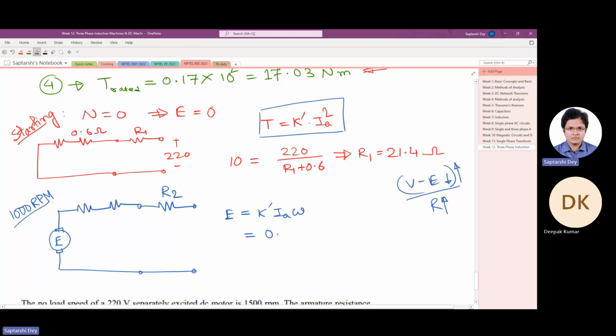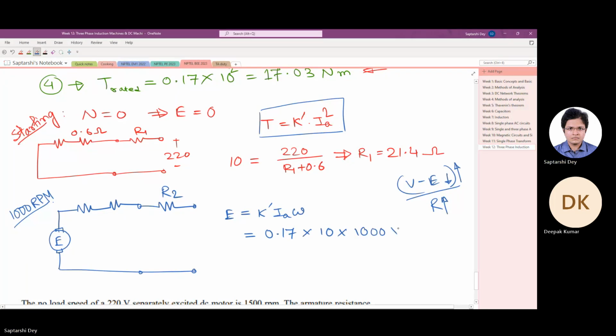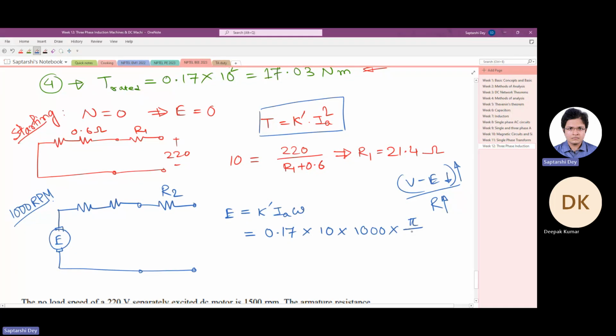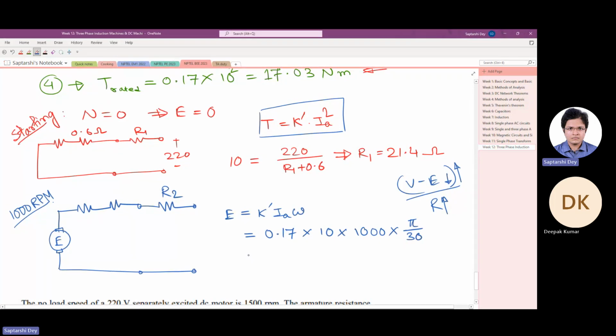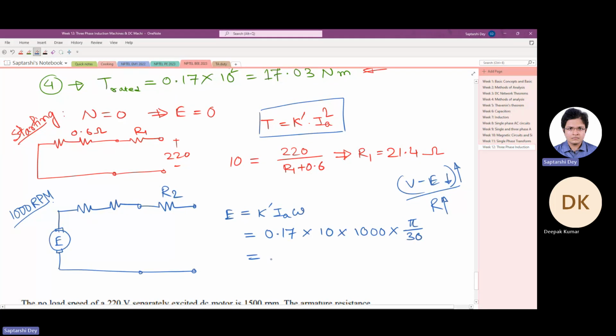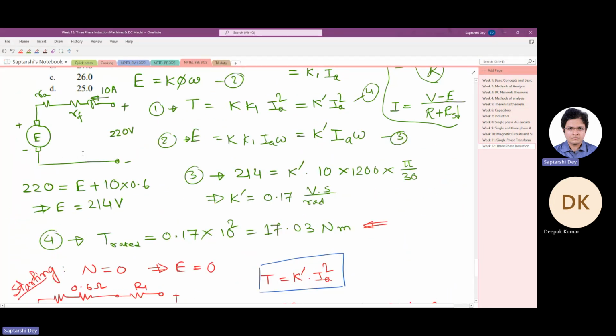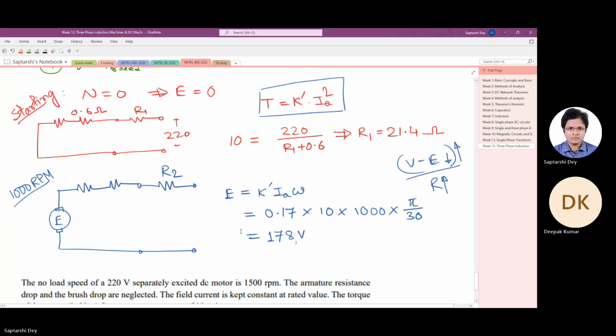So K prime is 0.17, Ia is 10, omega, we are doing everything in SI. So omega is 1000 times pi by 30, which gives you a voltage value of 178 volts. So you see, at 1200 rpm, the back EMF was 214 volt. Now, in order to get the rated torque at 1000 rpm, the back EMF must be 178 volt.